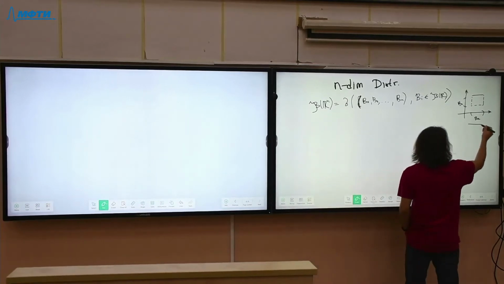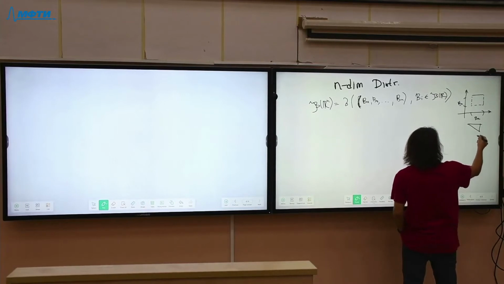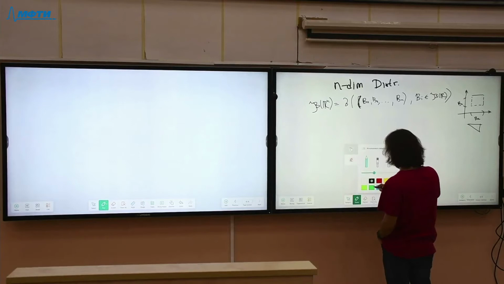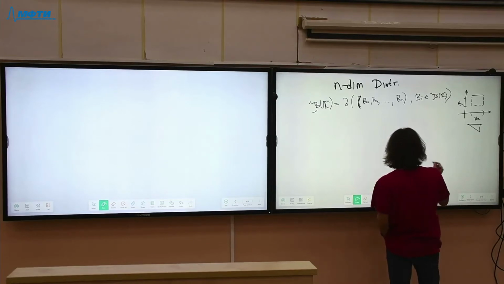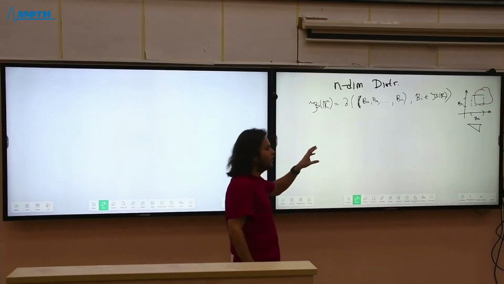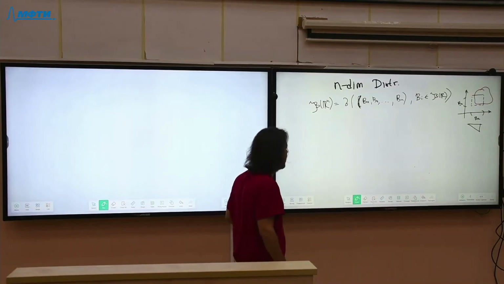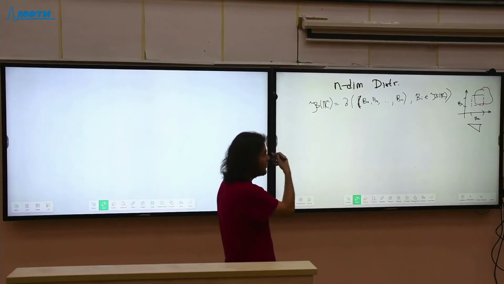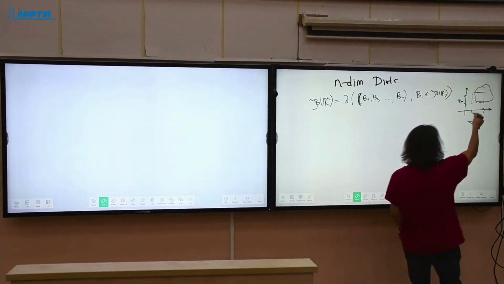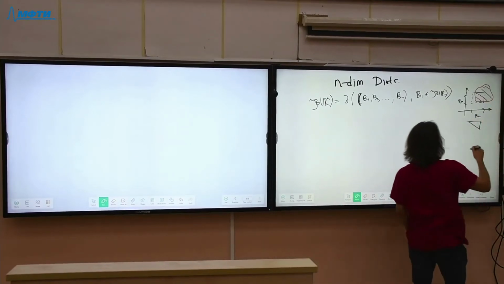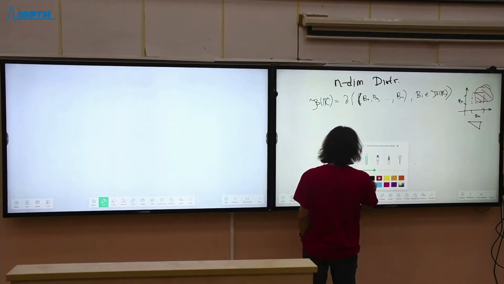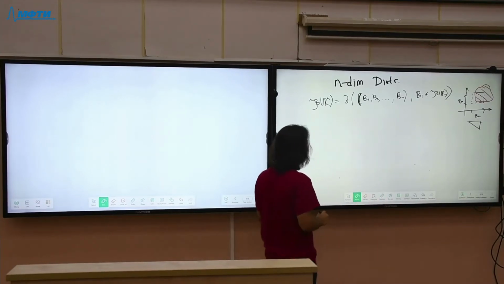Then we also have things like this, for example, or in general, any figure like this. This is going to be a Borel set on the space. That means that we can find the probability that the random vector is going to be here. Good. So this is the Borel sigma algebra on R^n.